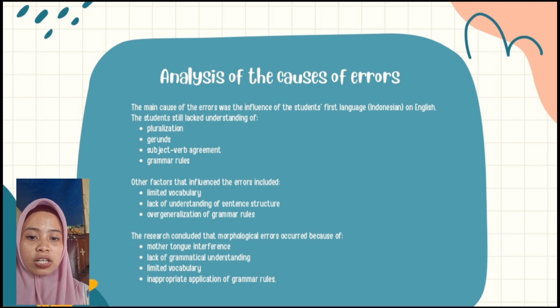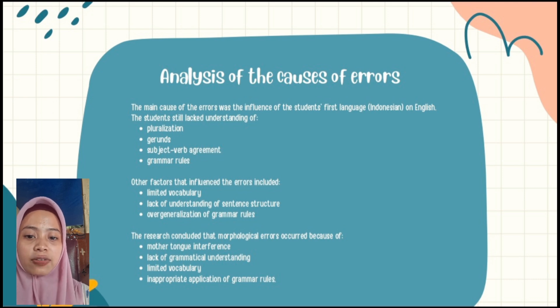Analysis of the causes of errors. The main cause of the errors was the influence of the students' first language, Indonesian, on English usage. The students still lacked understanding of pluralization, gerunds, subject-verb agreement, grammar rules.